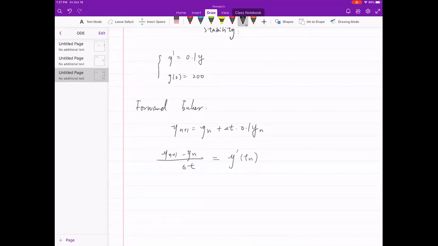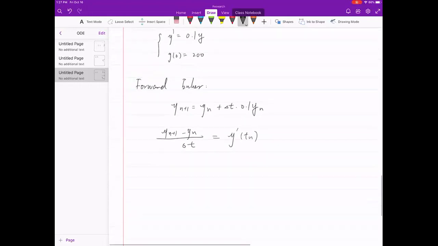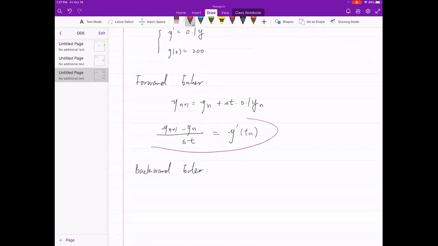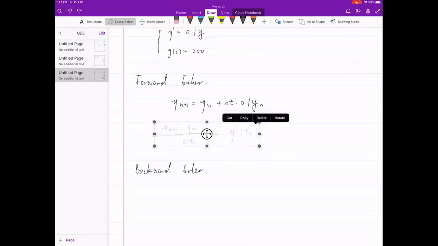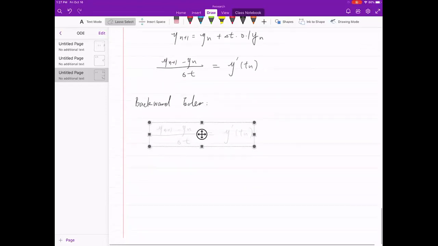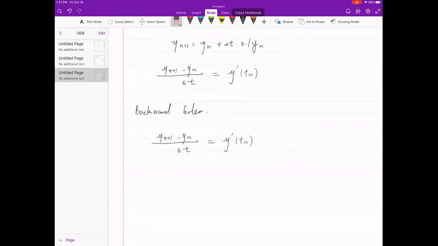Now let's talk about something called backward Euler method. Which comes from the same thing. Actually, if it's the same, why don't I just copy it? Okay. But we do one more tweak. That is, instead of doing Tn, I change this to be Tn plus 1.